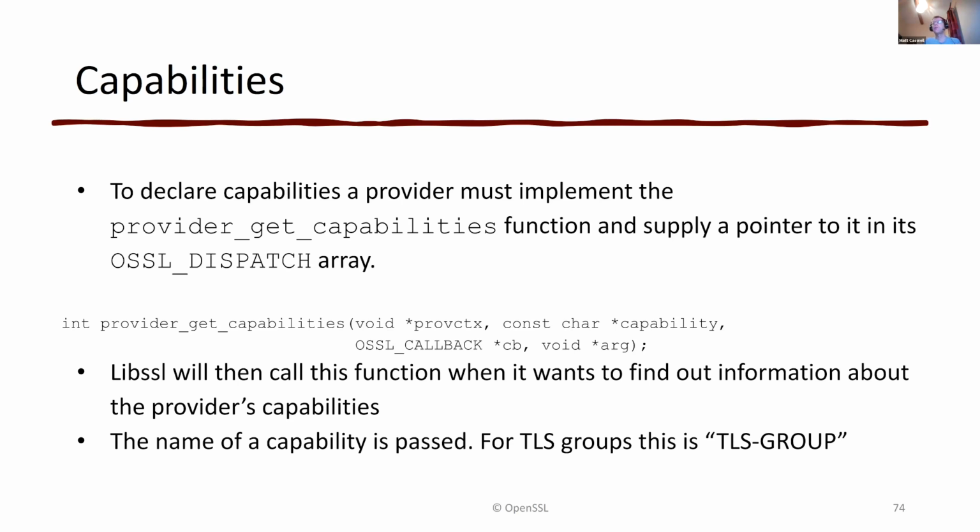So you declare that within your provider, and at a certain point, libssl will call it to find out what information it can learn about the capabilities that your provider supports. And it will pass in the name of a capability that it's interested in. So for TLS groups, the name is TLS-group.